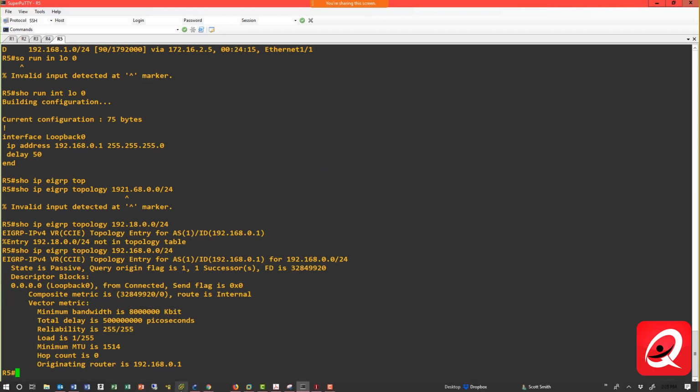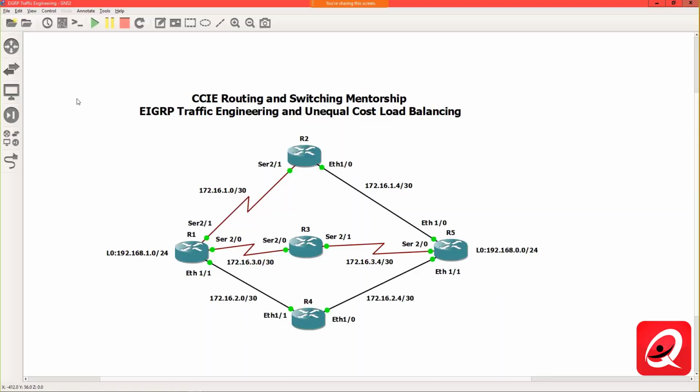So let's grab our topology here, because this is a discussion about traffic engineering. Specifically, how do we handle path selection, which is a pretty straightforward concept in EIGRP, although EIGRP does provide the ability to do unequal cost load balancing.